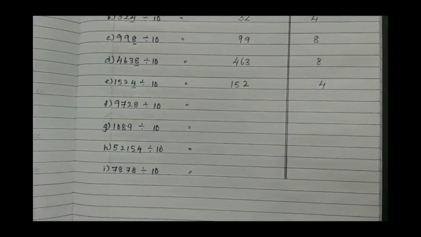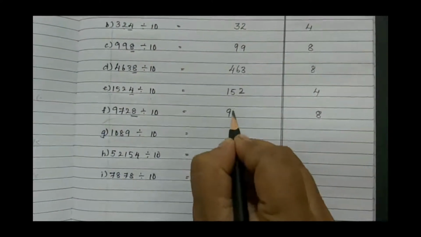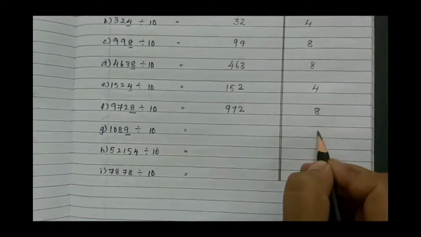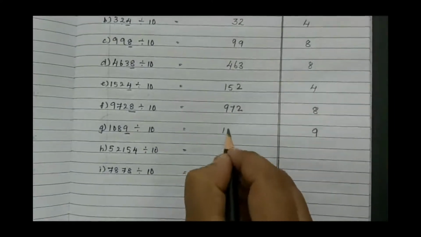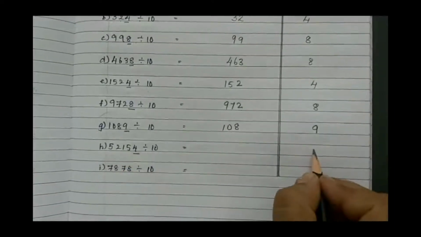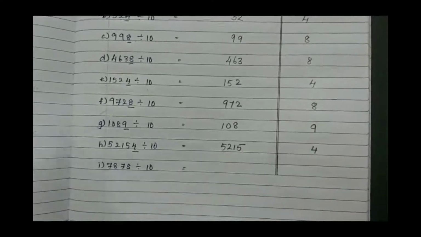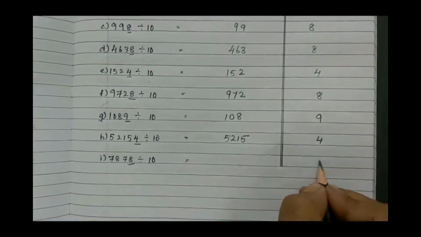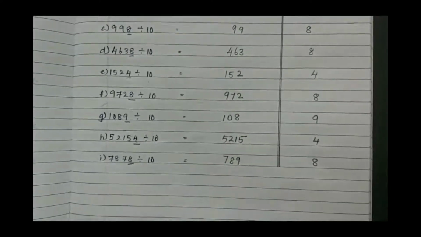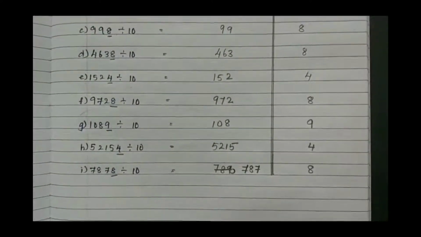Remaining I'll do it for you. 2 as remainder, 972 as quotient. Underline the ones, it becomes 9 as remainder, 108 as quotient. In the next, 4 as remainder and the remaining number, that is 5215, as quotient. Underline the ones. 8 as remainder, 787 as quotient.